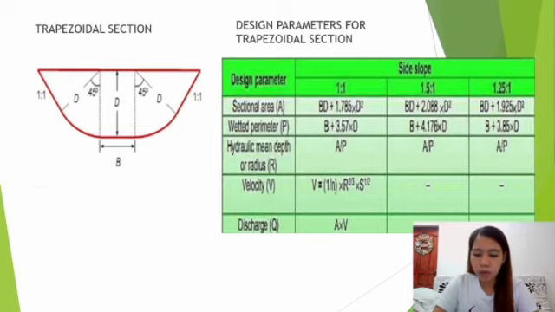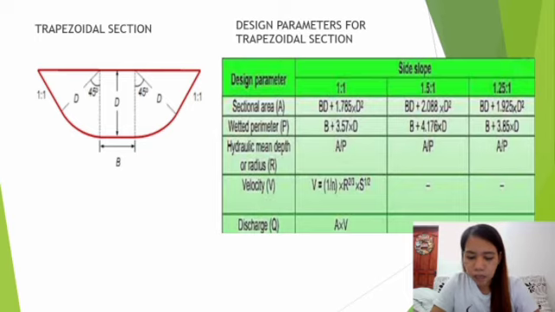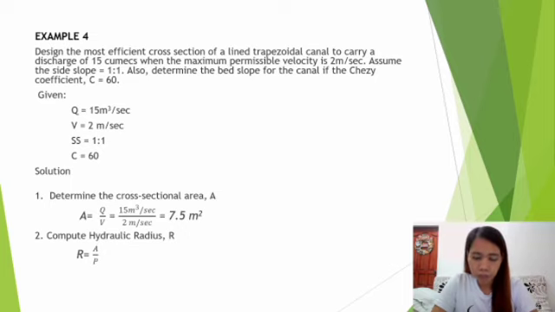For the trapezoidal section, the horizontal bed is joined to the side slope by a curve of radius equal to the full supply depth D. The side slope is generally kept as 1:1. These are the formulas we can use for different side slopes. So let's have an example for our fourth method.